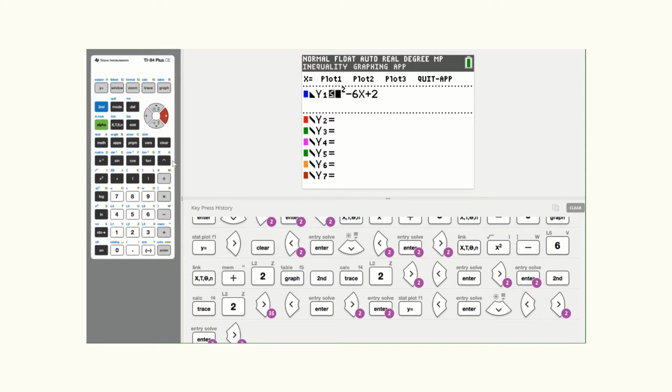Let's clear that equation. We had y less than negative 4x squared plus 5x plus 7. I thought it was plus 17. Plus 7. Let's see what our graph looks like.